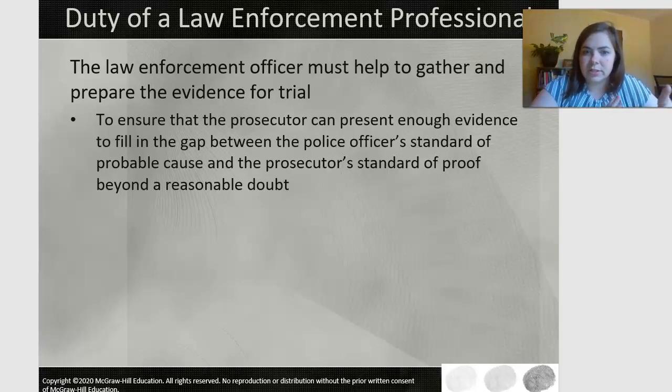And they also have to make sure that the prosecutor has enough evidence to fill in the gap between the police officer's standard of probable cause, is it more likely than not this person committed a crime or this place contains evidence of a crime, to the prosecutor's standard of beyond a reasonable doubt. And this is part of why officers will continue to investigate up until or even during the trial.